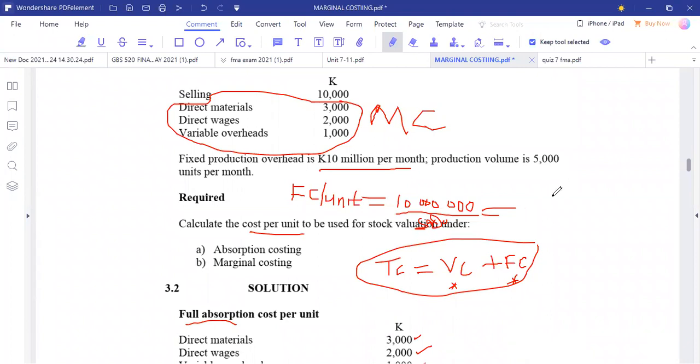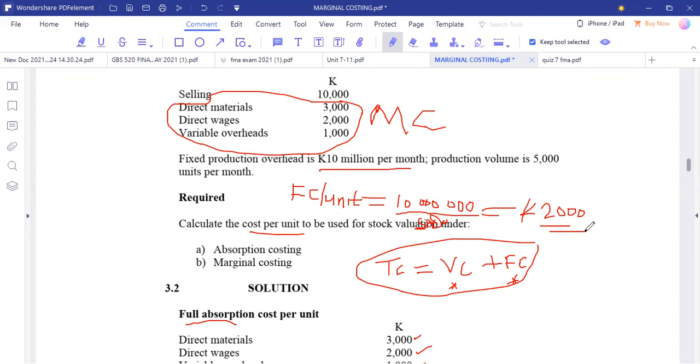So if we are to find the fixed cost per unit, we will divide the 10 million by 5,000. So you're getting 2,000. So this 2,000 is our fixed cost per unit in this given month.